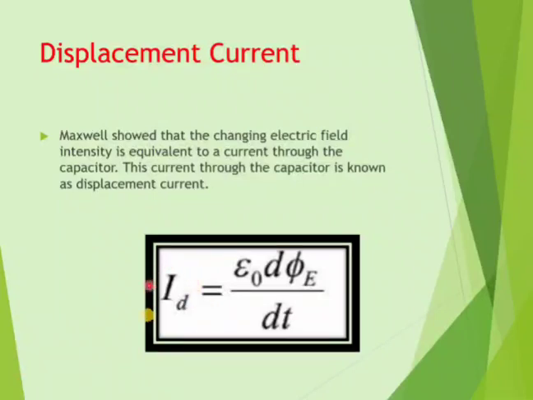The formula is displacement current I_D equals epsilon naught d phi_E over dt, where phi_E is the electric flux. You can call d phi_E over dt the rate of change of electric flux. So by the variation in electric flux, this displacement current is produced.